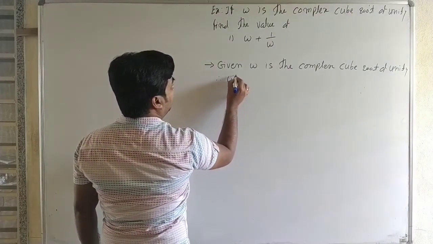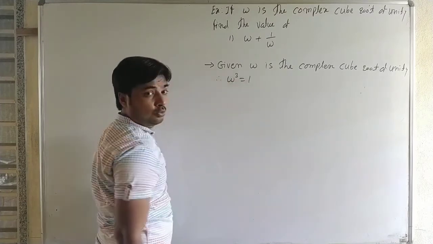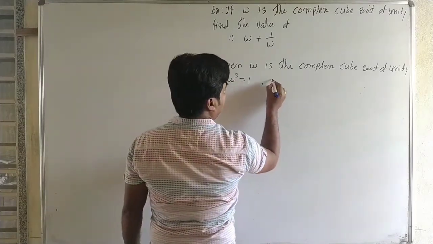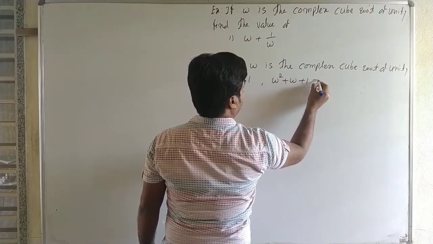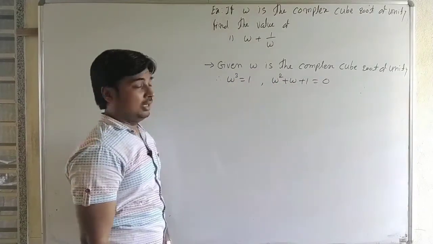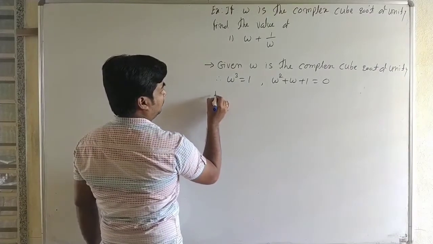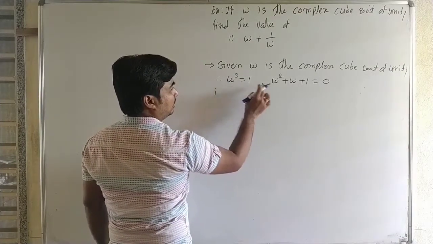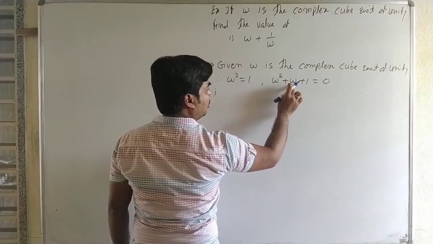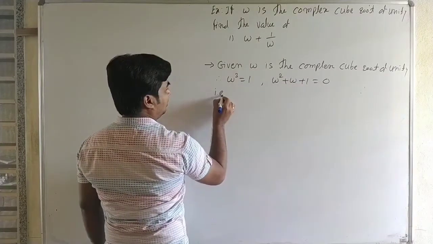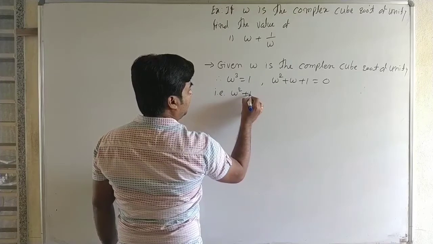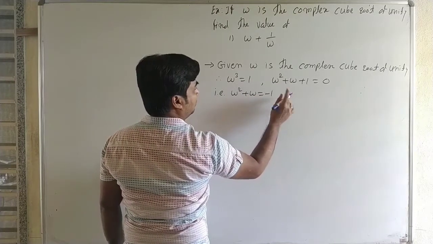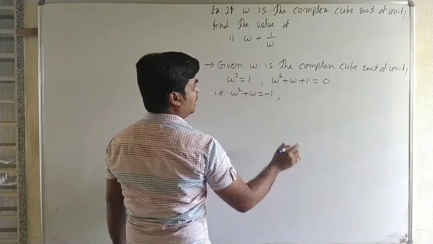Therefore, we know that omega cube is equal to 1 and omega square plus omega plus 1 is equal to 0. That is, here we get omega square plus omega is equal to minus 1.